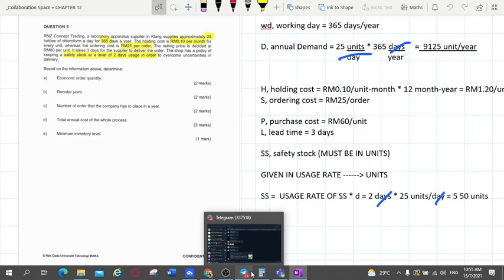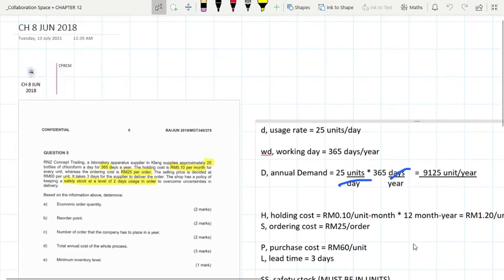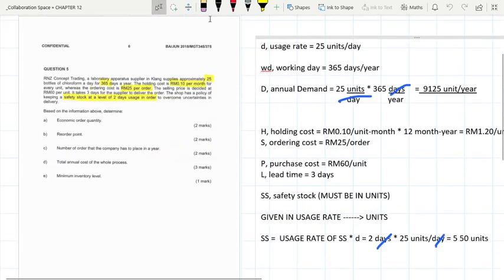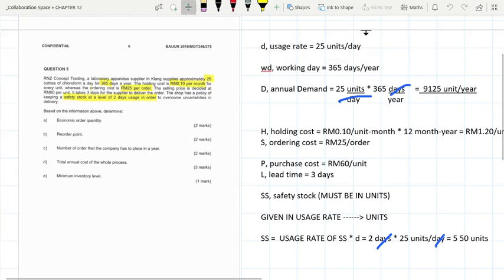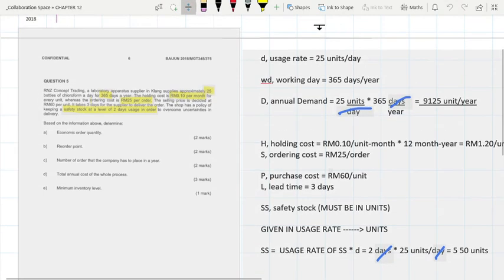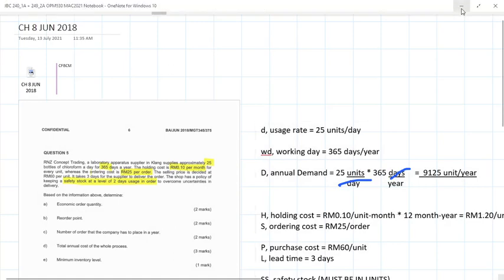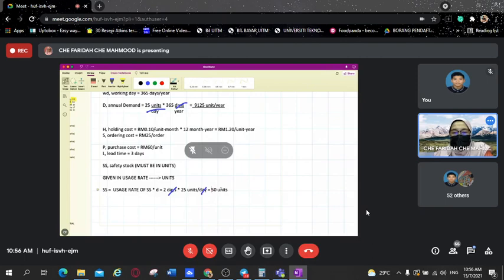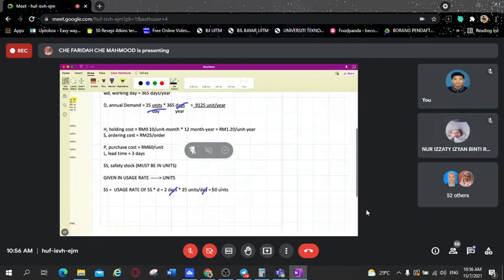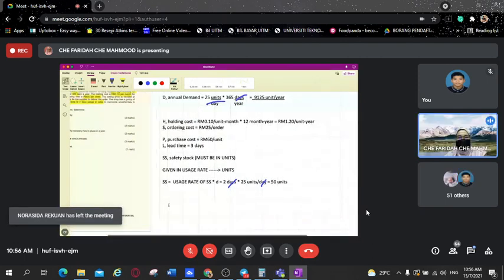Okay, let me once again. What about now? Sekejap, takes a while. There you go. Nampak tak? Nampak. Right, sekarang kita nak jawab soalan.